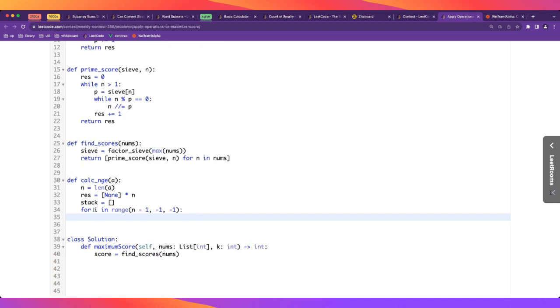So at this point we want to find the next greater element of the ith element, and while the stack is not empty, we want to remember that in the stack we put indices, and if the top of the stack is less than or equal the current value, then we want to pop it.